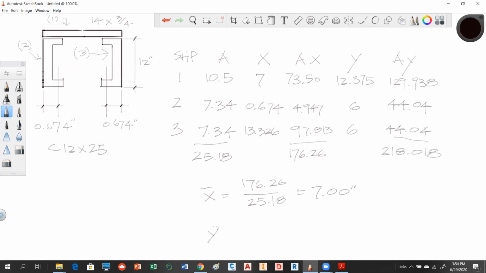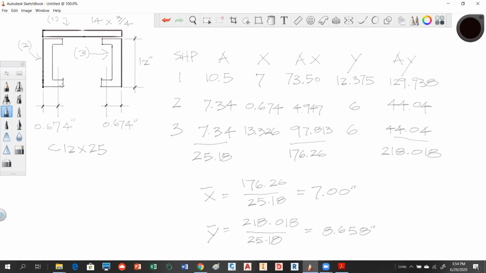And Y is going to be the sum of the AYs divided by the sum of the areas. Gives us 8.658 inches, which you could probably round to just 8.66.